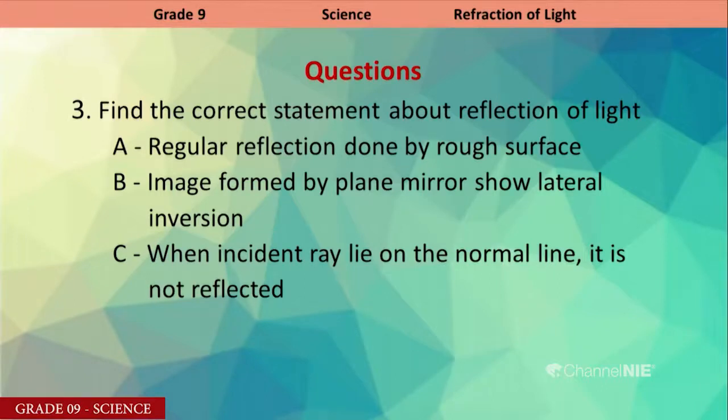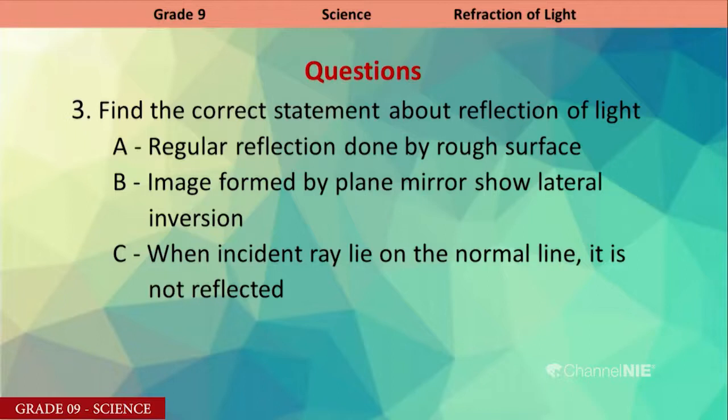Question number 3. I have put 3 statements here. Statement A, regular reflection is done by a rough surface. Is that correct? No. Regular reflection is done by smooth surfaces. Statement B, the image formed by a plane mirror shows lateral inversion. That is correct.